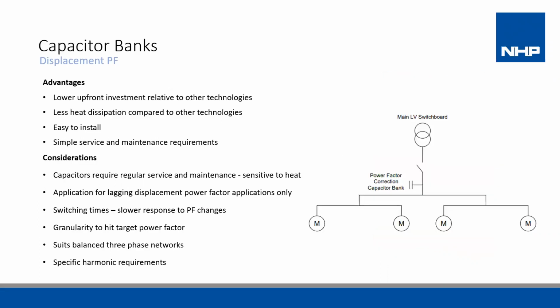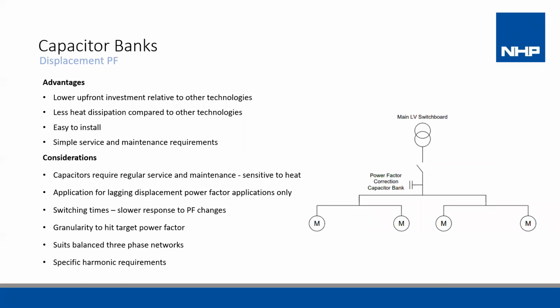In terms of advantages, capacitor banks have lower upfront costs compared to other mitigation technologies. They produce less thermal heat or watts loss. They're fairly easy to install and also to service.